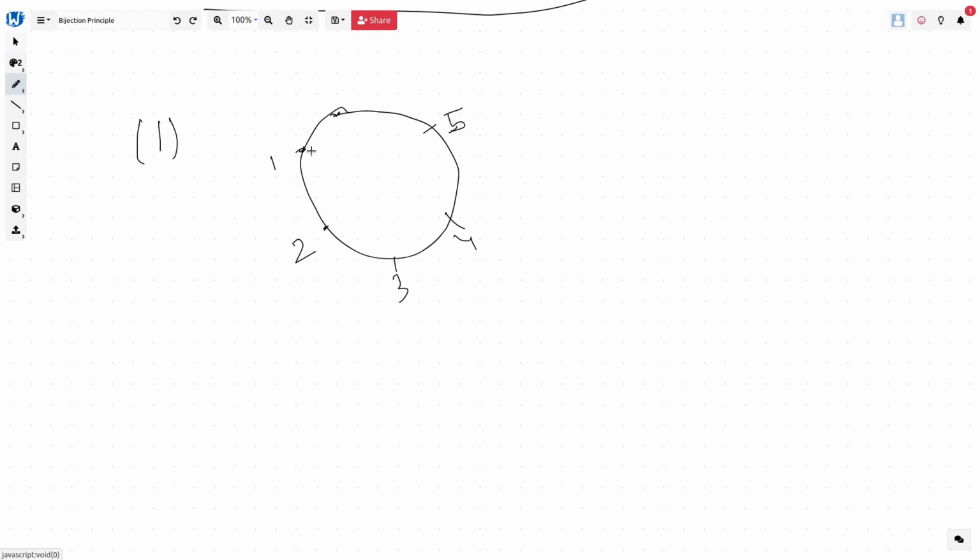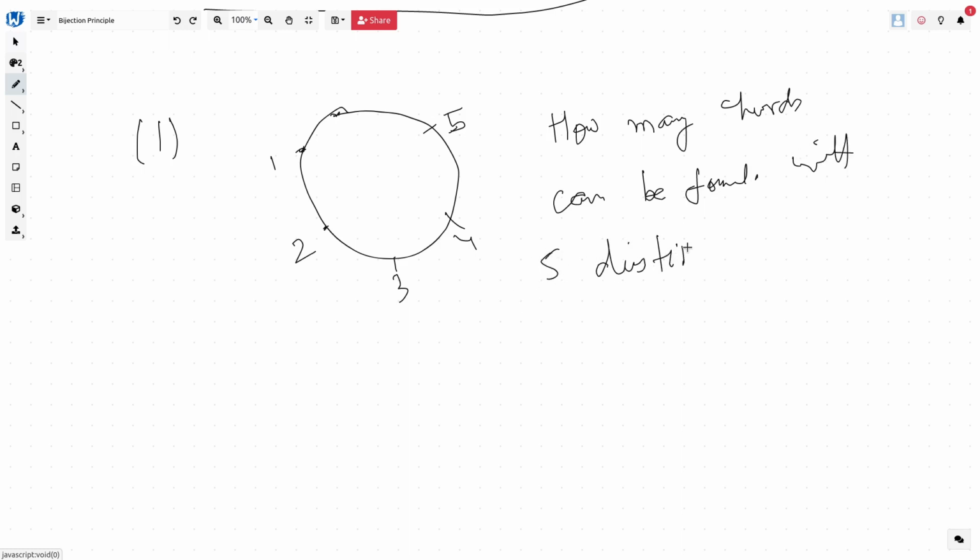The chords are nothing but joining two of these points: 1 5, 1 2, 1 3, 1 4, and so on. So how many chords can be formed with 5 distinct points on a circle? This is the question.